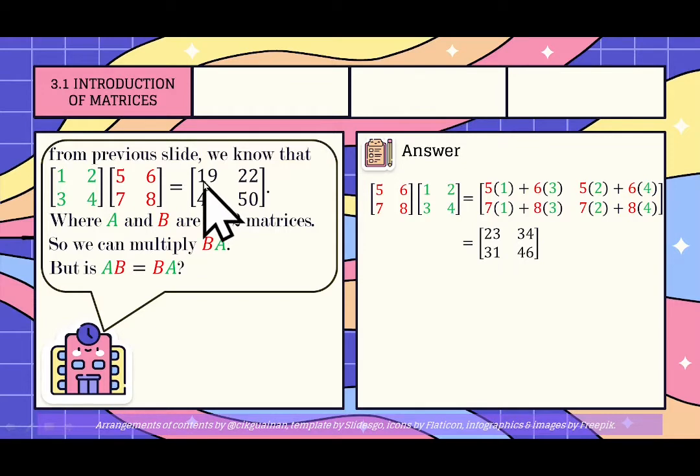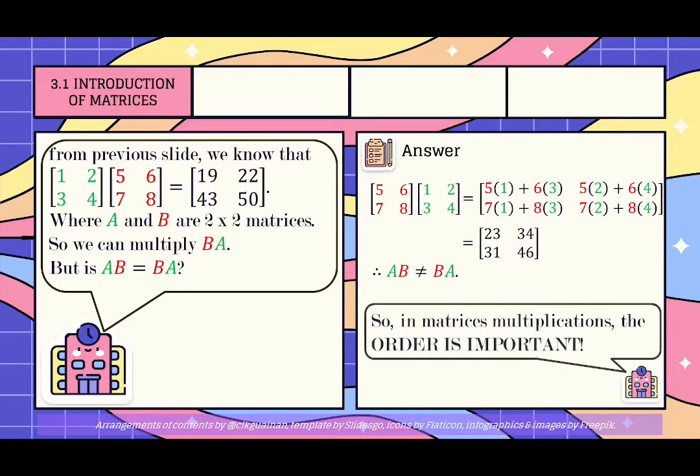Let's compare the entries. Previously we got 19, but over here we get 23, 34, 31, 46. So from this example, we know that AB is not equal to BA. The order is important in matrix multiplication.